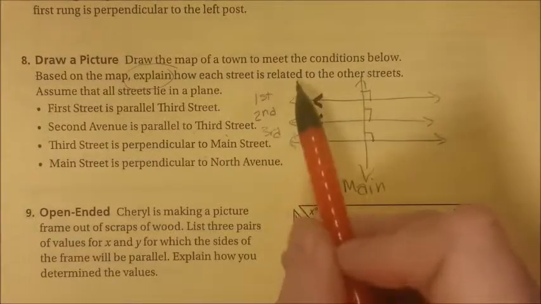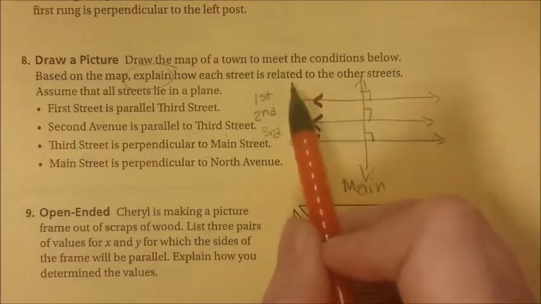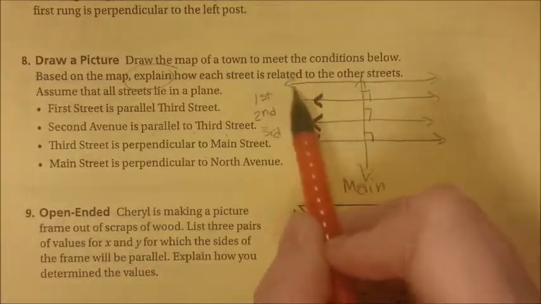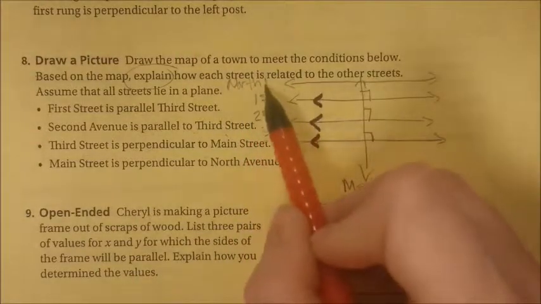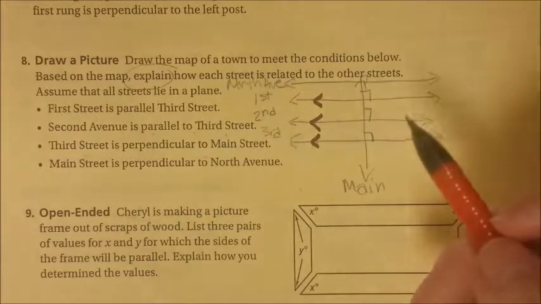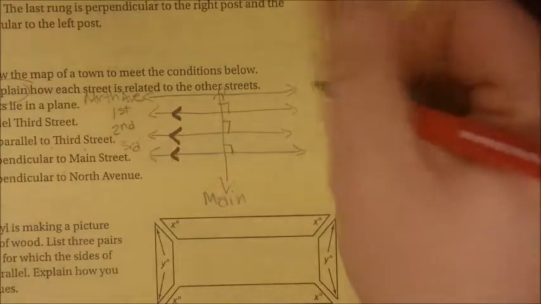Now North Avenue, would you put it after 1st Street or before 1st Street or after 3rd Street or in between? I'd probably put North Avenue, if it's anything like Utah, right next to the 1st Street, North Ave. And it's perpendicular. So let's explain how each street is related to each other.